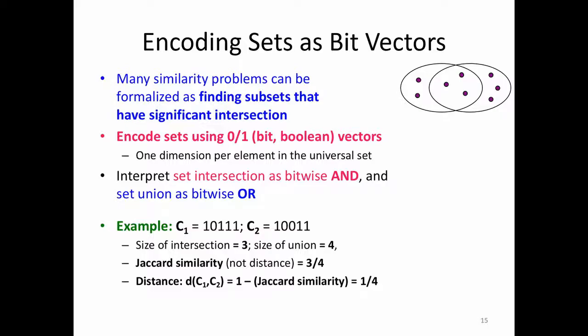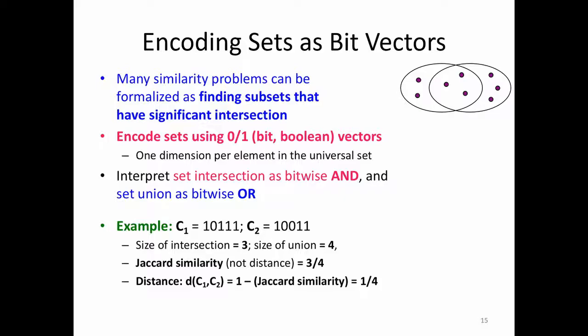We encode sets using 0-1 boolean vectors. One dimension of this vector corresponds to one element of the universal set, like in the shingle vocabulary. Then you can interpret the set intersection as the bitwise AND and the set union as the bitwise OR.